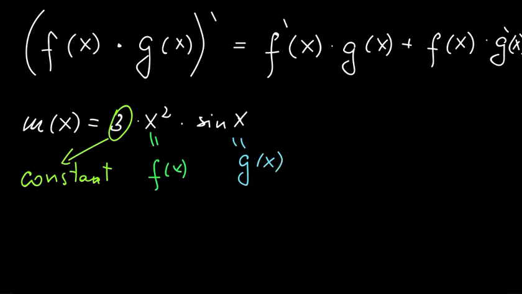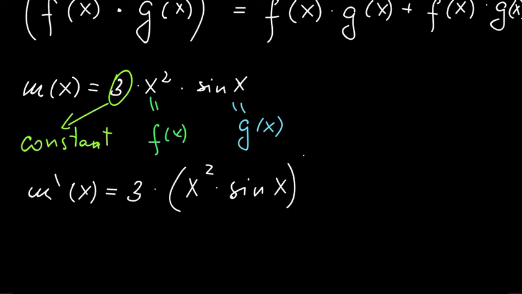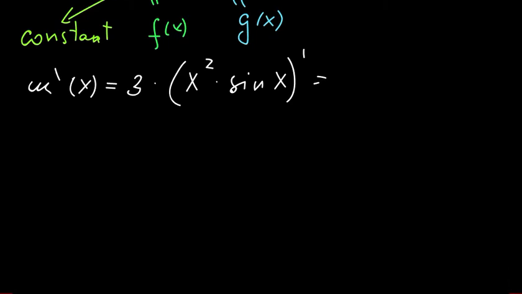So let's try to find a derivative. So a derivative is equal to 3 times a derivative of a product of these two functions. So we get that, maybe let me write another line.